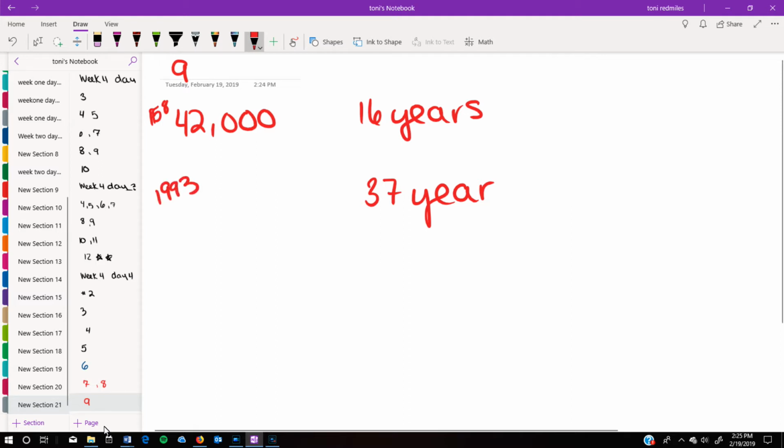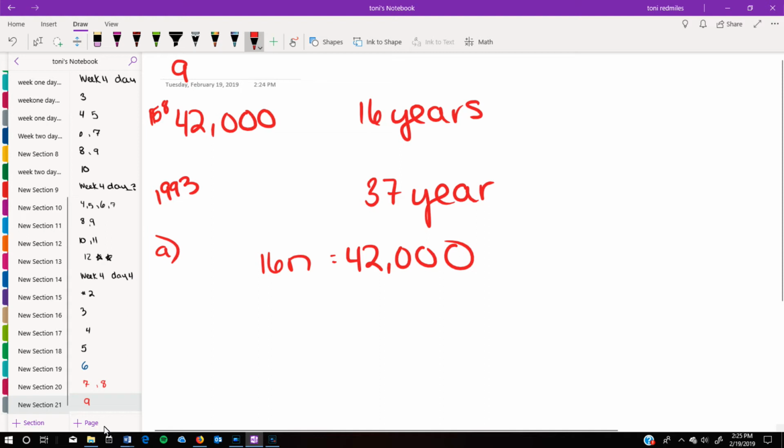Write and solve an equation to show how many miles needed to be completed per year for the 42,000 miles of highway to be built in 16 years. So in order for this to be done in 16 years, I know I need a total of 42,000 miles at the end, and I don't know how many miles I have to do per year, but I know I'm going to have to do a certain amount to be done in 16 years.